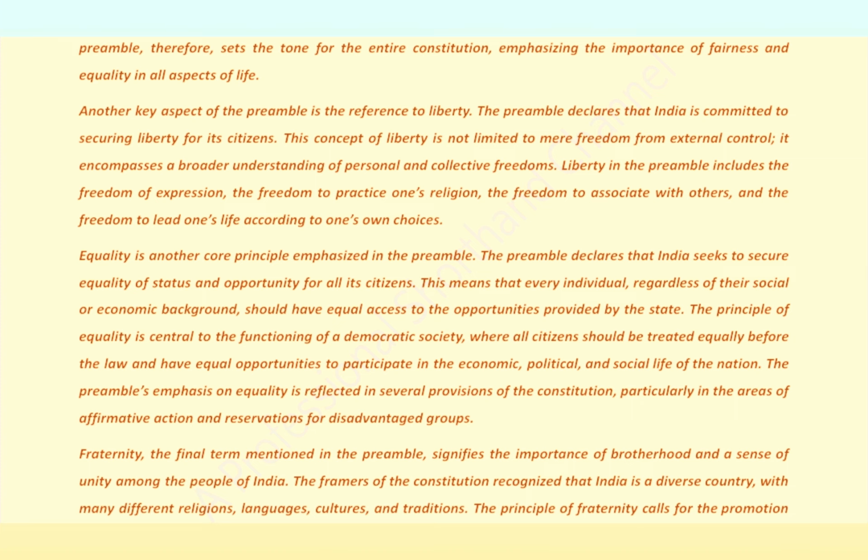The principle of equality is central to the functioning of a democratic society, where all citizens should be treated equally before the law and have equal opportunities to participate in the economic, political, and social life of the nation. The preamble's emphasis on equality is reflected in several provisions of the Constitution, particularly in the areas of affirmative action and reservations for disadvantaged groups.